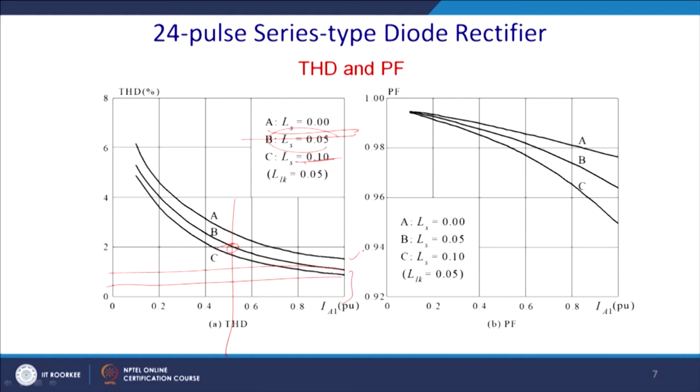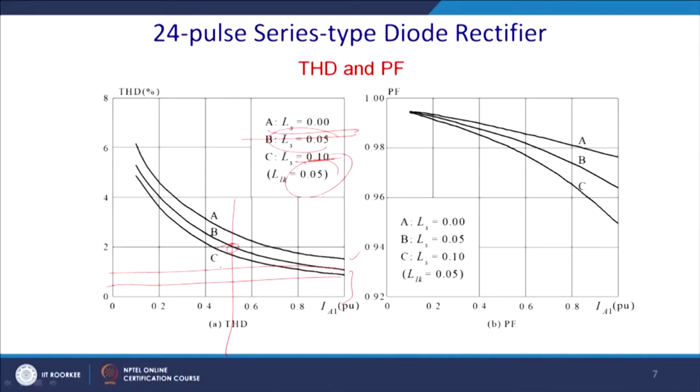So, up to half of the load, this 24-pulse converter for 5% source inductance is quite feasible and practical, and with 5% leakage reactance you can easily get 2% THD. Similarly, you can see that your power factor has also improved.